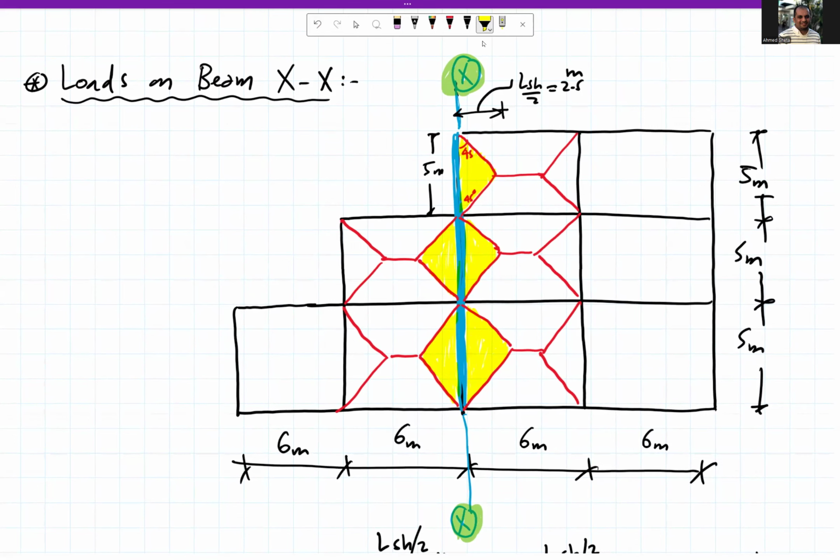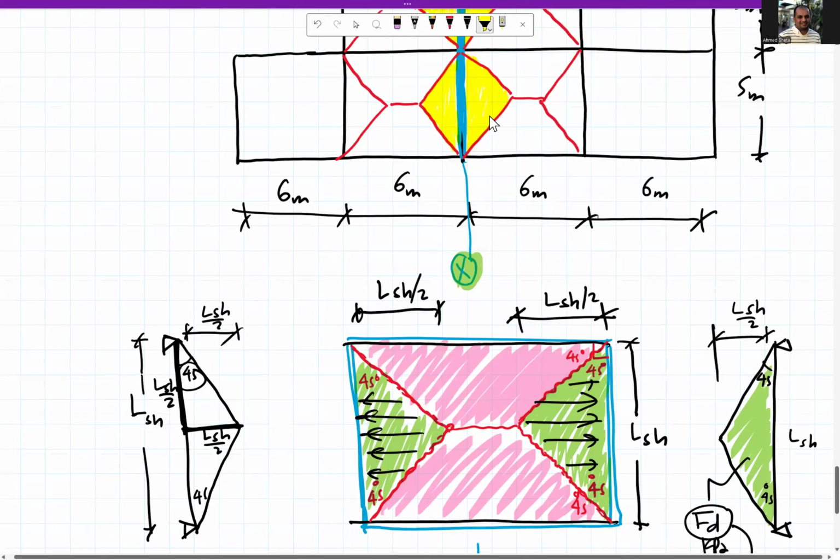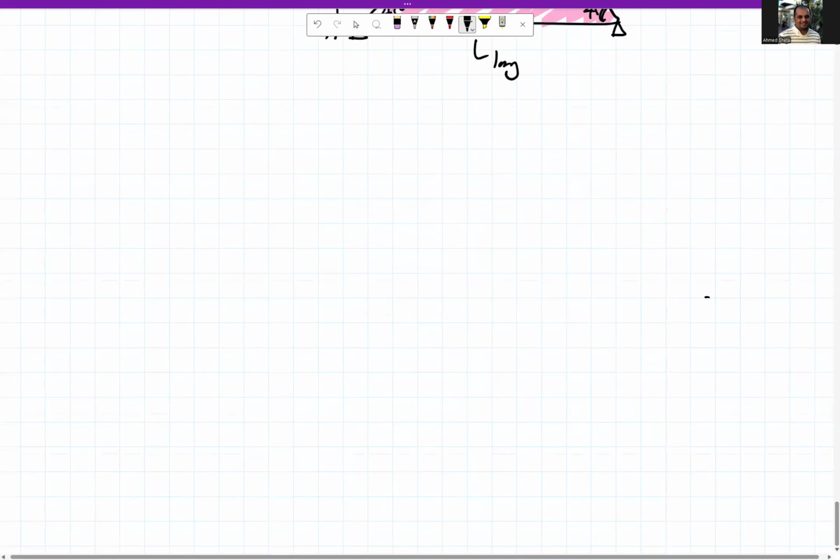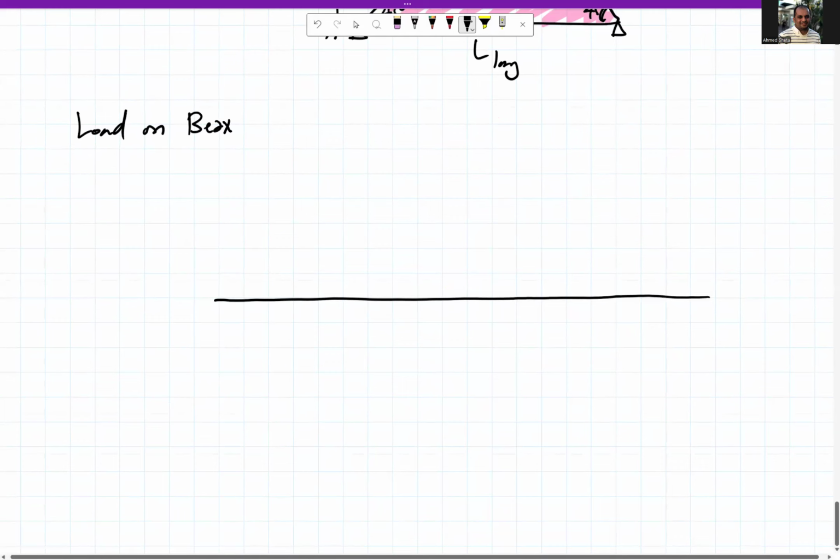So we can interpret that too: this is our beam, the loads on beam XX.